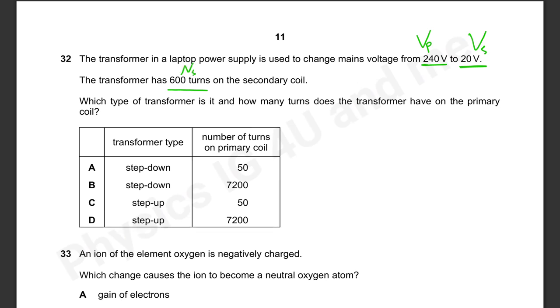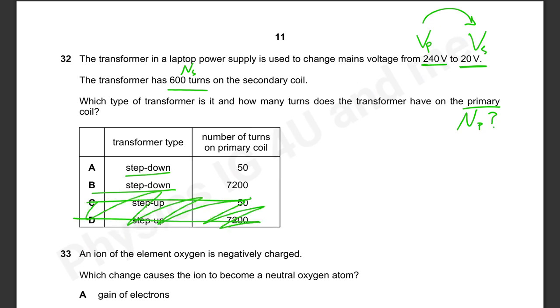Which type of transformer is it, and how many turns does the transformer have on the primary? They need NP. Notice here we're going from a high value to a low value, so it is a step down transformer. We are in option B or A. C is wrong, D is wrong.